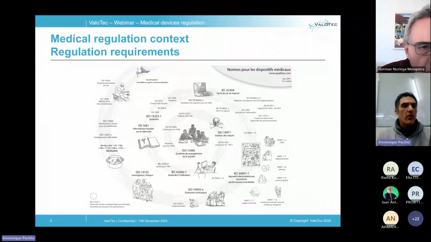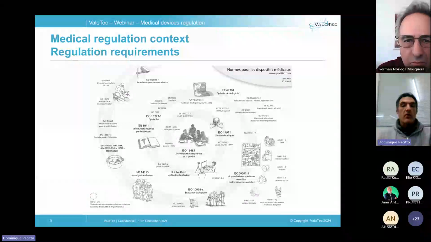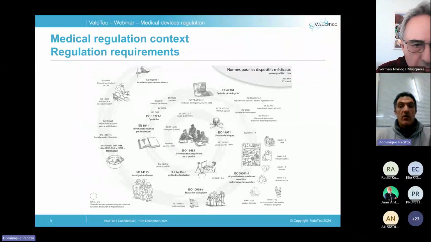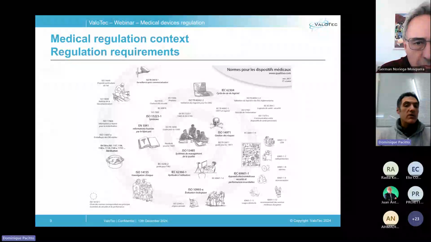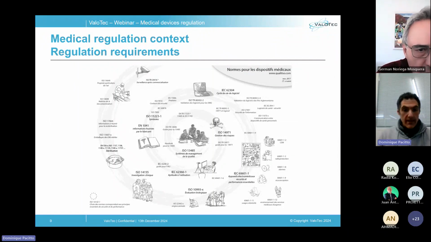For each regulation or directive, a list of standards is provided on the web page of the related regulation and or directives you have to apply, and manufacturers must identify within the list of the relevant standards the ones they have to apply.